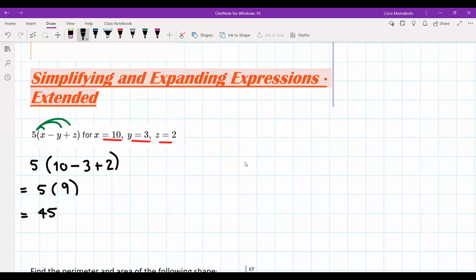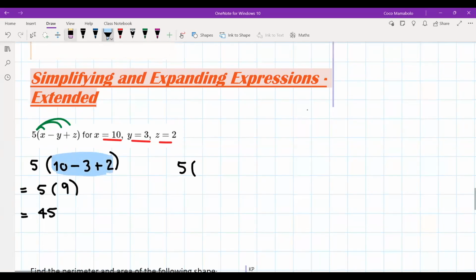How do we distribute, guys? How do we multiply that 5 in? Ivile, what do you say? Ma'am, you have to first say 5, brackets 10. Ooh, okay, we've already done that one over here.